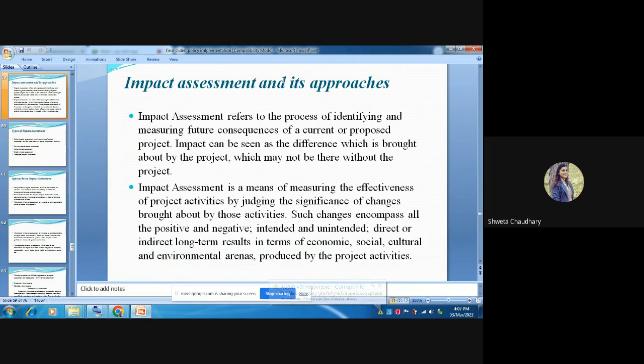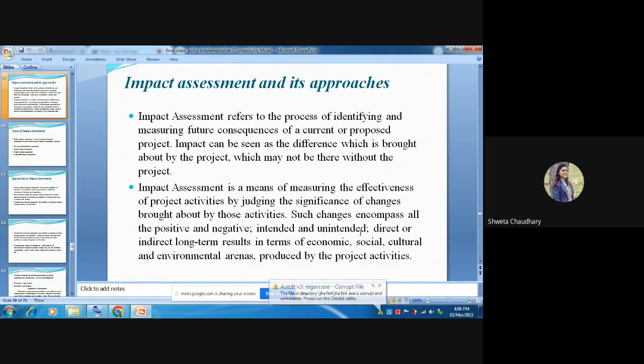Then impact assessment and its approaches. Impact assessment means if you have implemented a policy, what is the consequence or what is the result of that policy? Whether it is economically, socially, culturally, environmentally good for your economy or not. This is what impact assessment is in short.